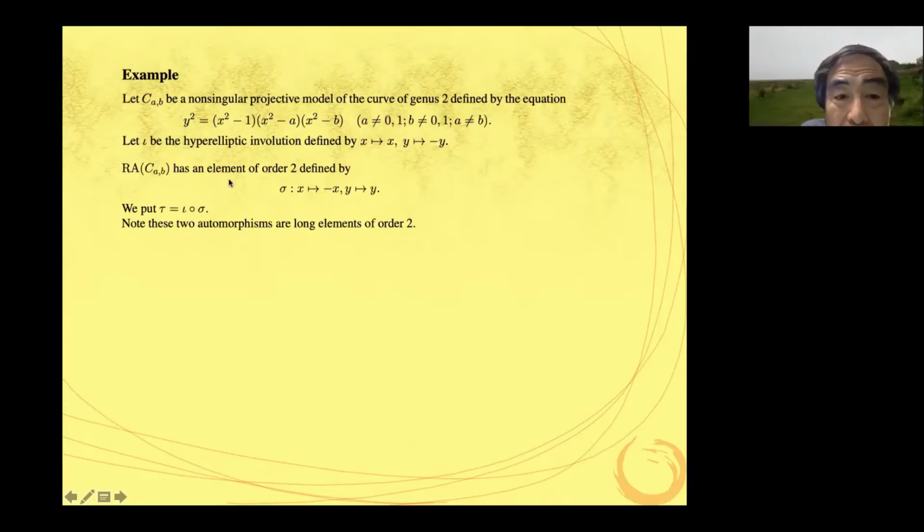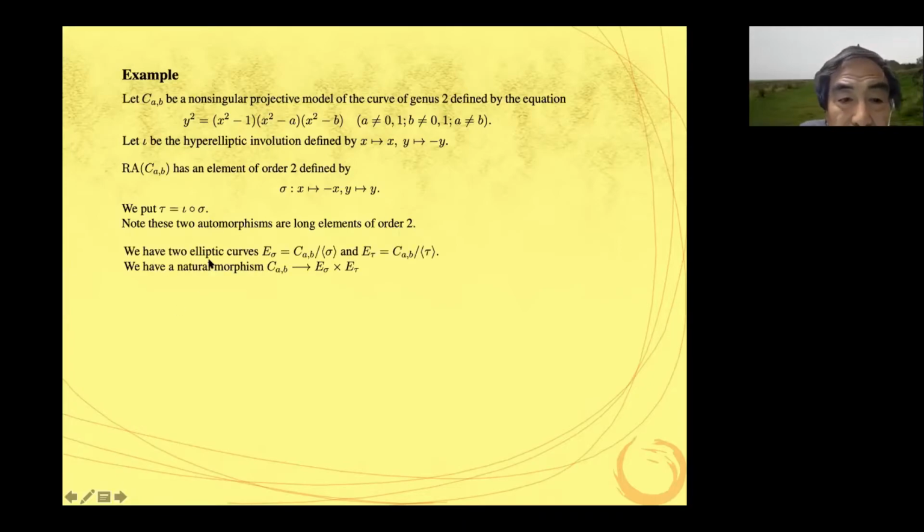This one has an element of order 2 defined like this, x to 2 minus x. And we consider the composition of sigma and iota, and we denote it by tau. These two automorphisms are elements of order 2. I mean, these two elements act on the branch points freely.